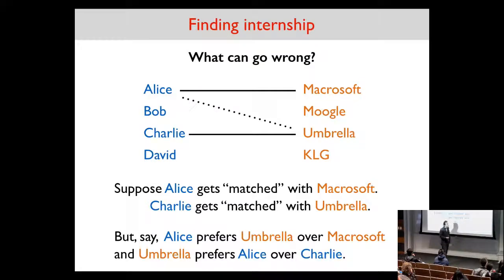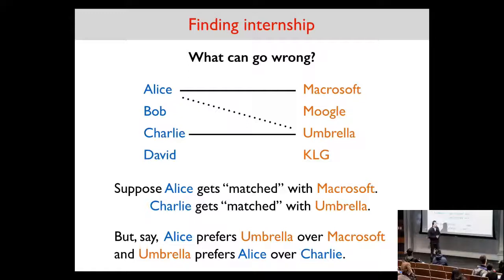But suppose Alice actually prefers to work for Umbrella rather than Microsoft. She prefers that better. And let's say Umbrella actually prefers Alice better than Charlie. Okay? If this kind of situation happens, we say this is an unstable pair, Alice and Umbrella. They prefer each other rather than their current partners.